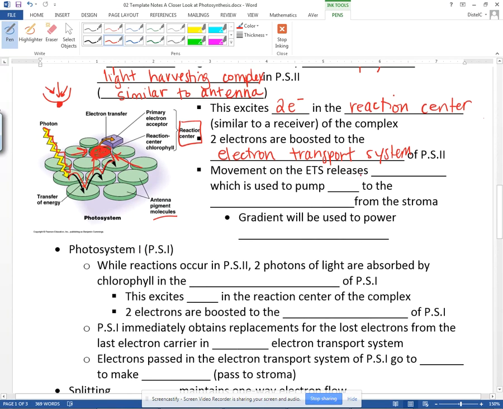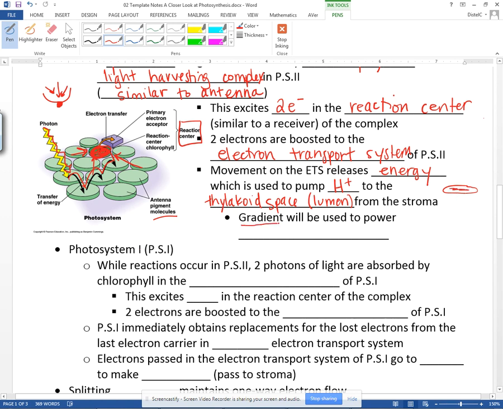Now, just like cellular respiration, the movement of those electrons is going to release energy. And that energy is used to pump hydrogen ions, but this time you're pumping them into the thylakoid space. On the previous picture, that was called the lumen, the inside of the thylakoid. So here's your thylakoid, here's the space inside. You're building up this hydrogen ion gradient inside of the thylakoid.